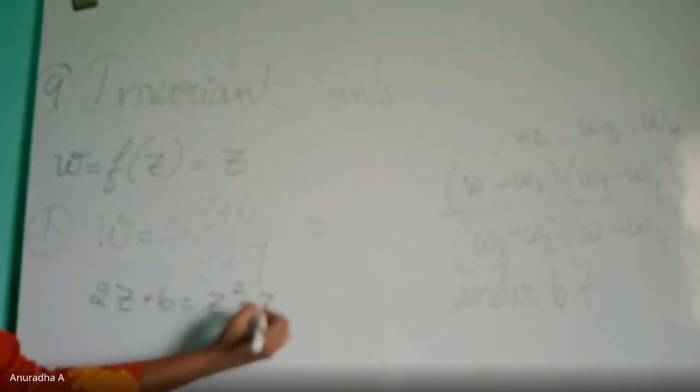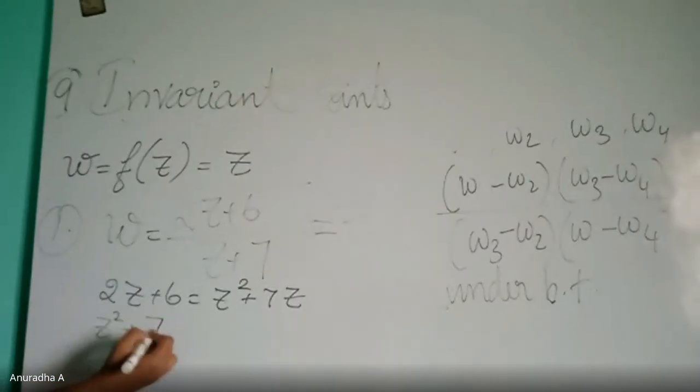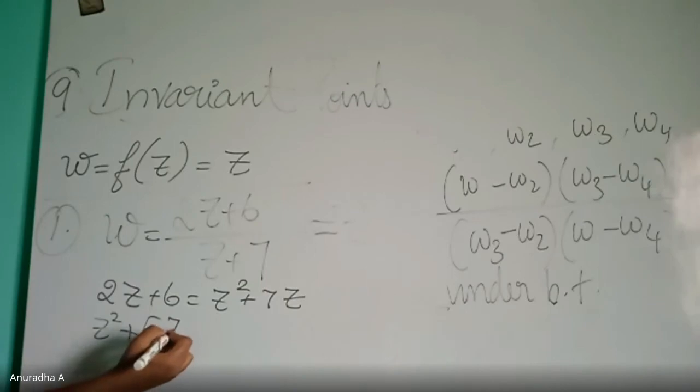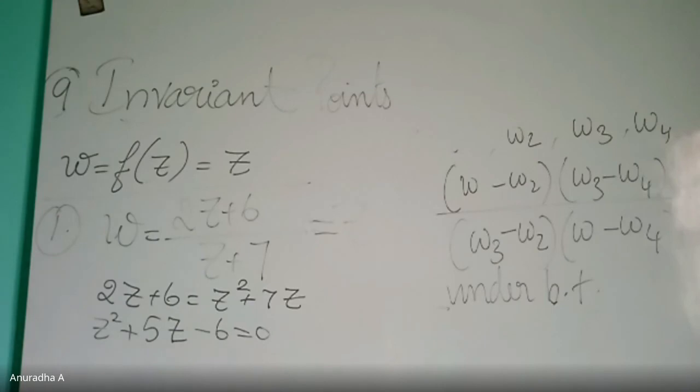Solving it, bring this to the other side. So 2z plus 6 will be z square plus 7z. Now bring everything to one side, so it becomes z square plus 5z minus 6 equal to 0.